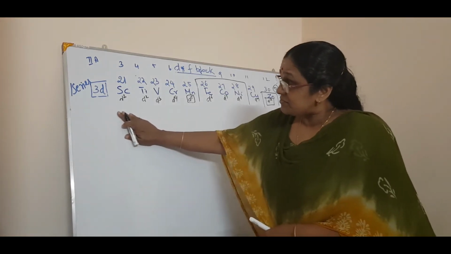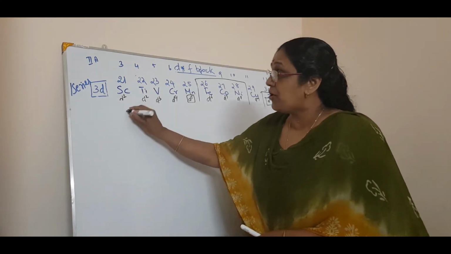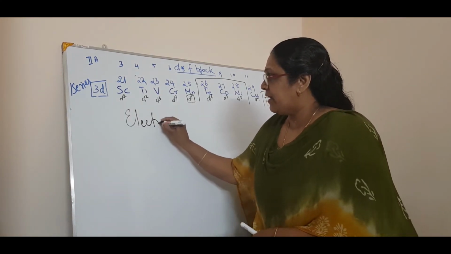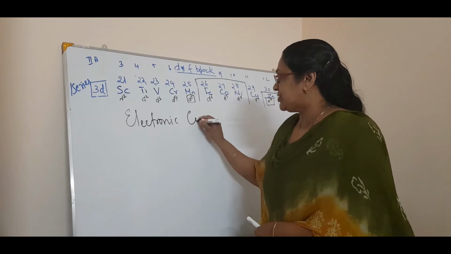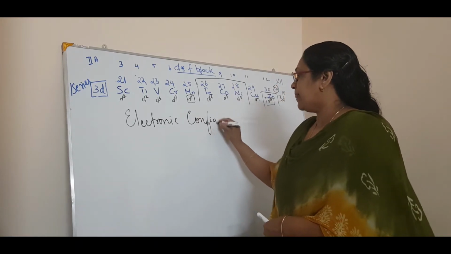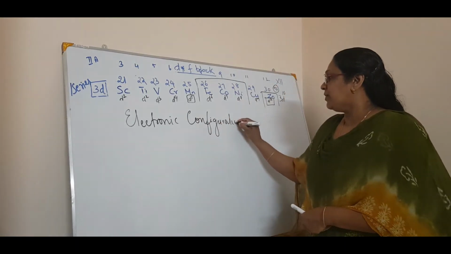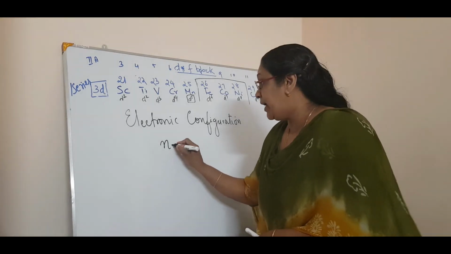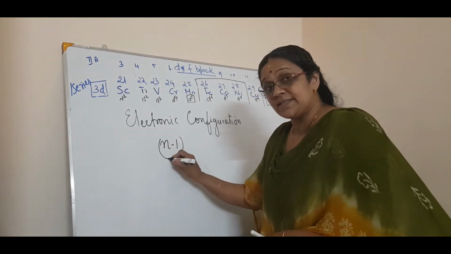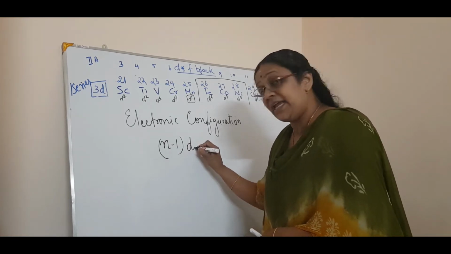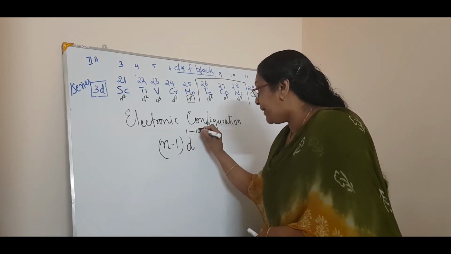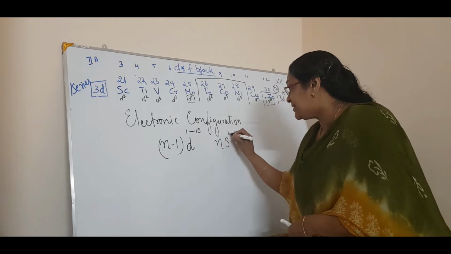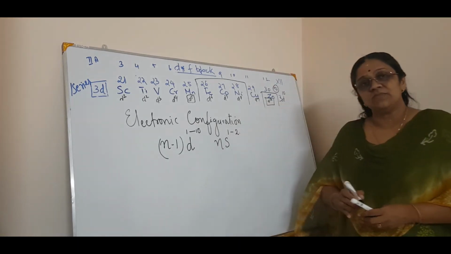Now we will see the electronic configuration. Listen very carefully: (n-1)d 1 to 10, ns 1 to 2.